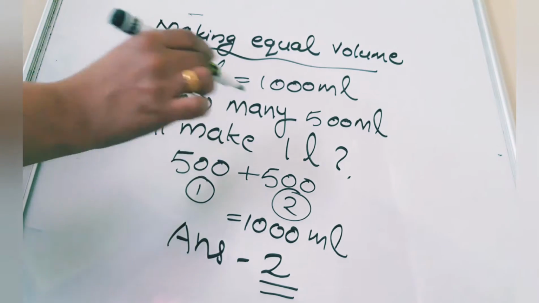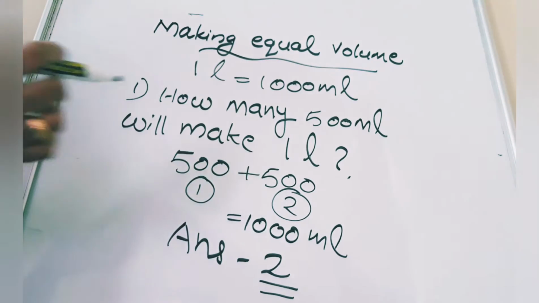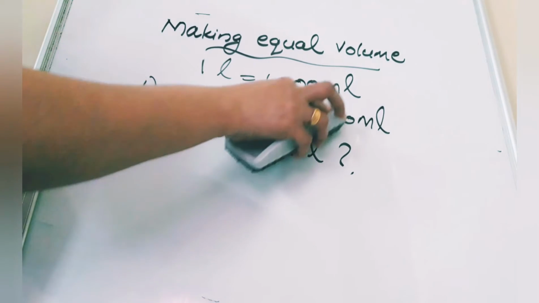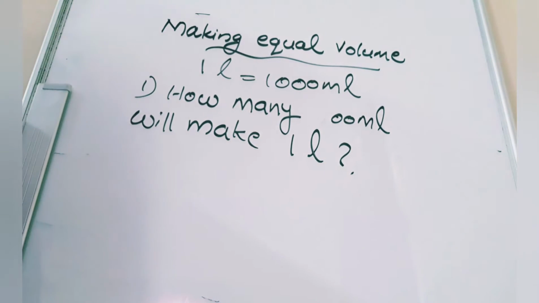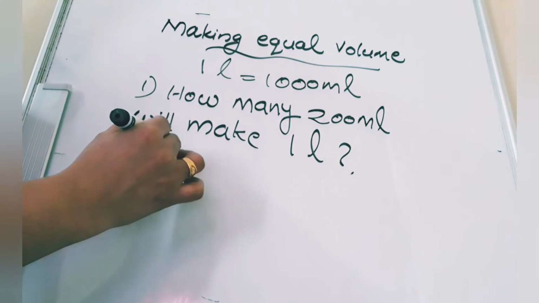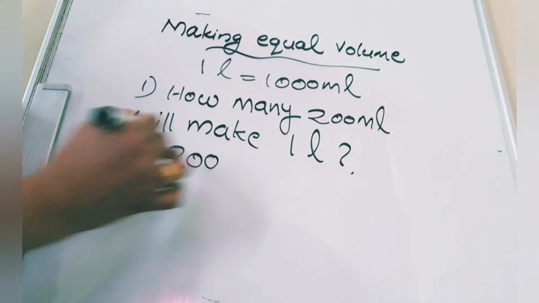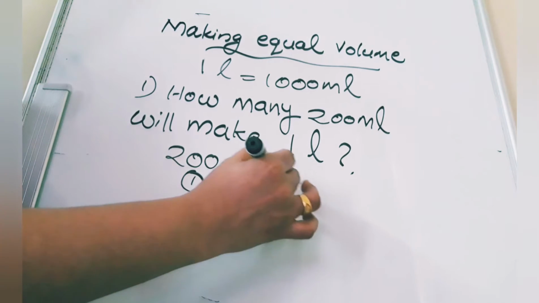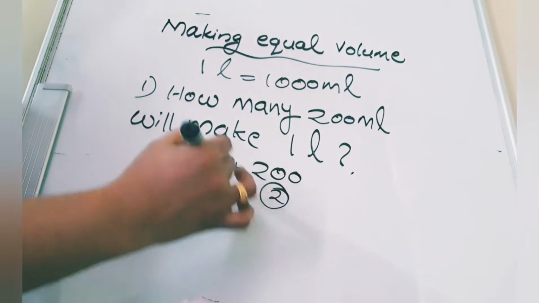Similarly, there can be other questions also. How many 200 ml will make 1 liter? Here I am changing the question to 200. So what will be the answer? 1 time you take 200. Second time when you take, it is 400 only.